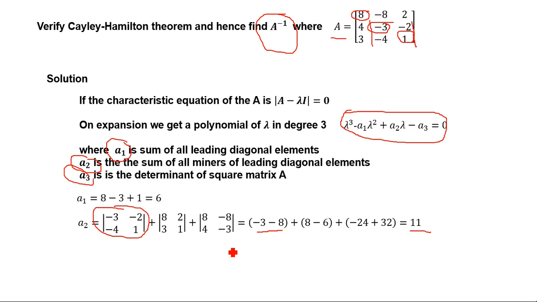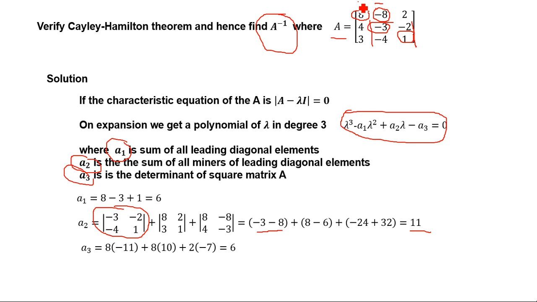Finally A3 is there. A3 is determinant of square matrix A. First value 8, and then on finding the determinant of the remaining matrix you will get minus 11, and then already minus 8 is there. For the second one we have to put minus here.